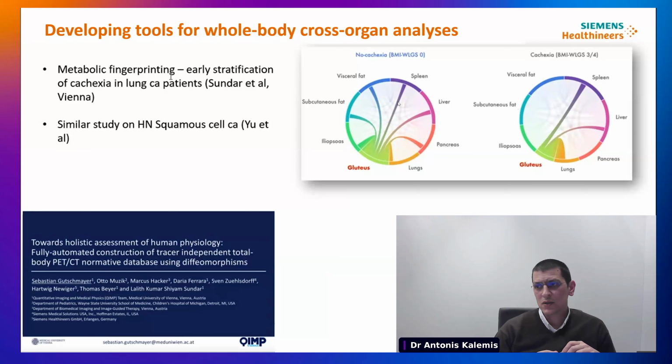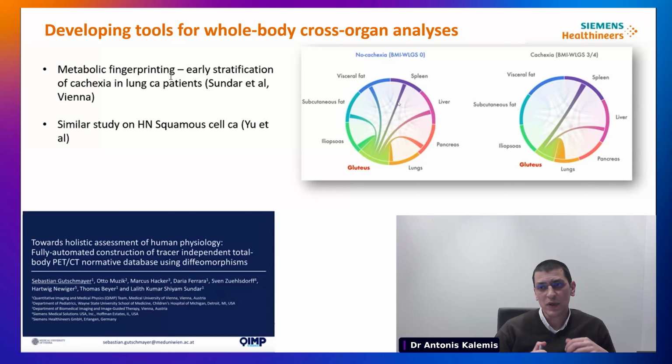Stewart, I think, said something about combining or interrogating the connection between different parts of the body. We knew for quite some time the heart-brain axis. We knew also, for example, the brain-gut axis.